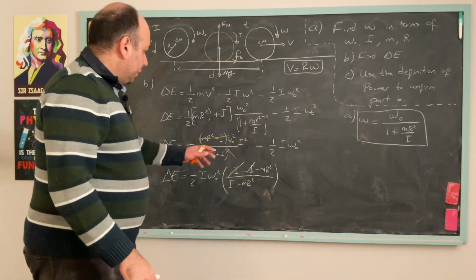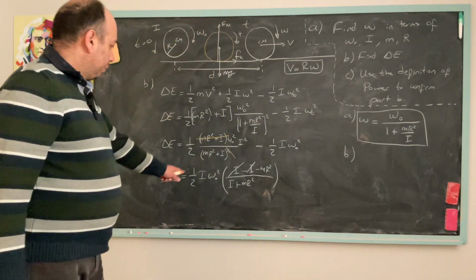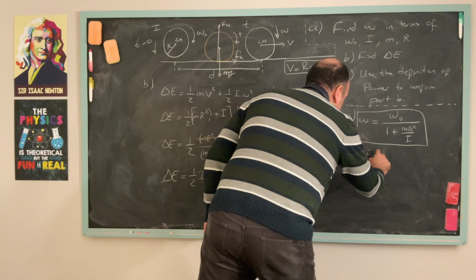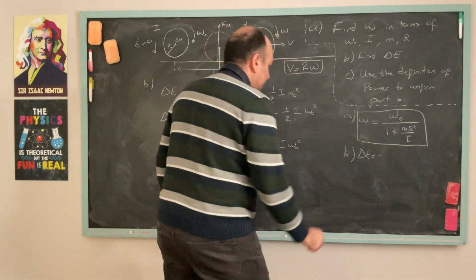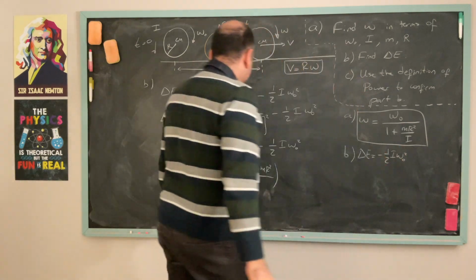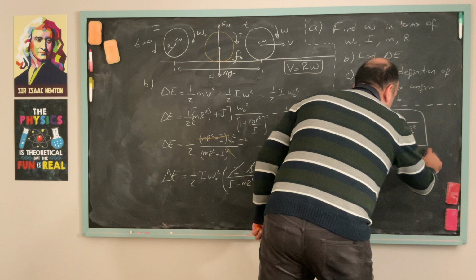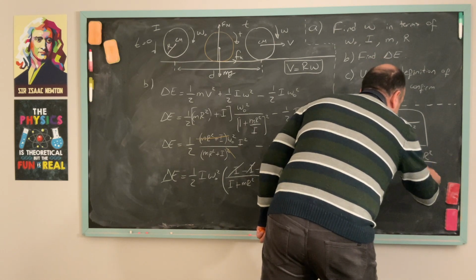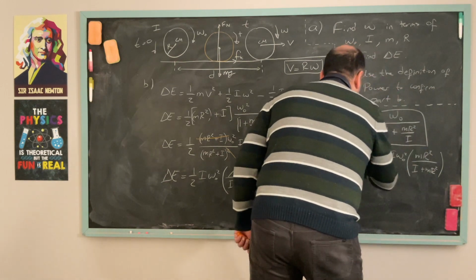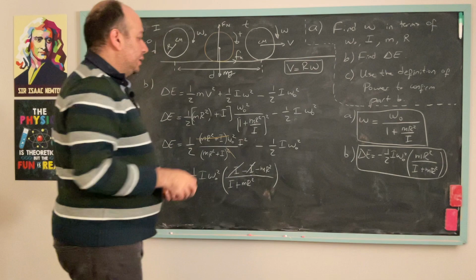So the answer to part B would be: delta E is equal to minus 1/2 I omega naught square parentheses mR square over I plus mR square. And this is going to be the change in the total mechanical energy of the system.